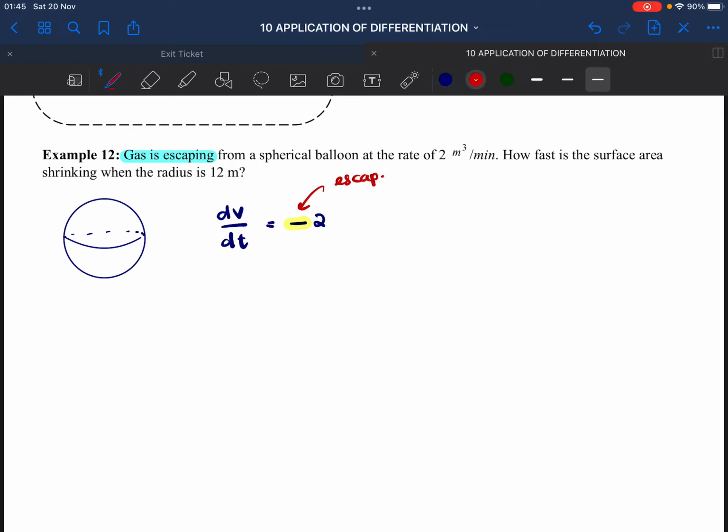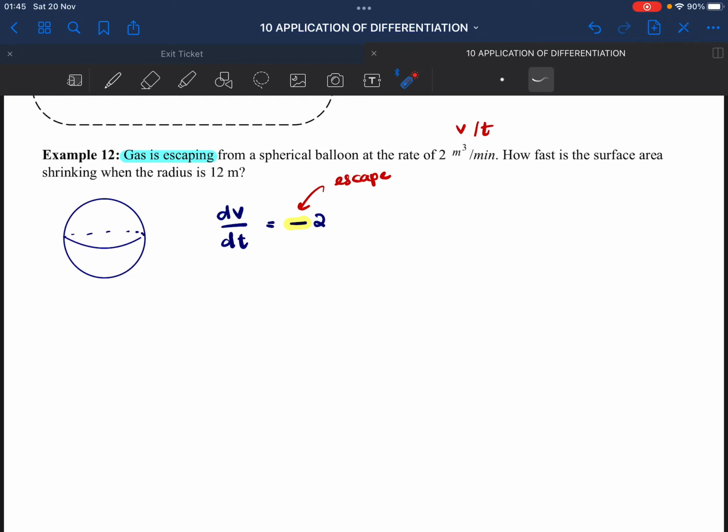If you're not sure what you are looking at, you can always look at the unit. Meter cube means volume, minutes means time. So we are talking about dv over dt. Now the question says how fast is the surface area shrinking when the radius is 12 meter?